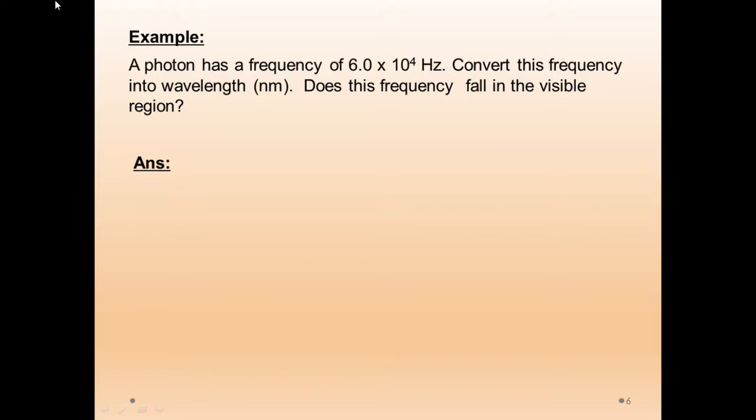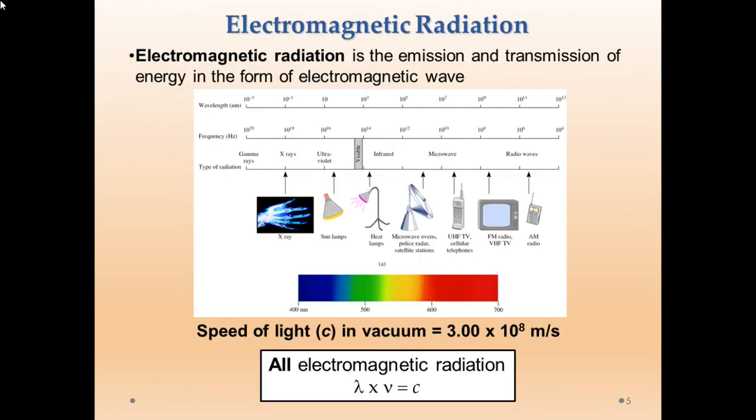So the information given is the frequency, and they ask you to calculate the lambda here, and whether this frequency falls in the visible region. In order to answer this question, we need to couple it with the information given here. As we know, this is the visible region, so we can recalculate it.